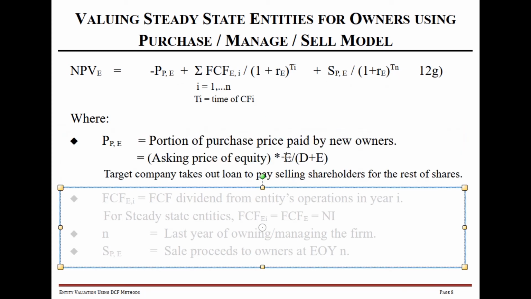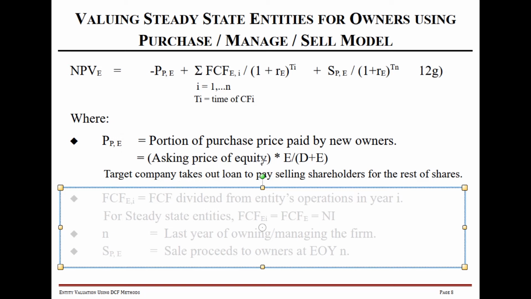P sub P, E, to be clear, that's the portion of the purchase price that's going to be paid by the new owner. So if we're looking at an entity that has no debt at all, we're probably not going to be paying the whole asking price from our own funds, because we know that if a project is worth doing, it's worth levering. So we're going to spend some fraction of the total asking price from our fund.